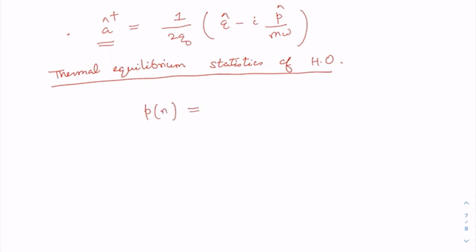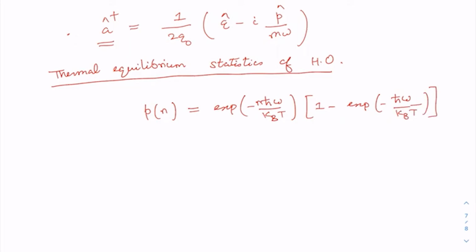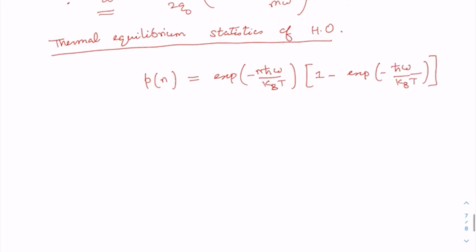The occupation probability of an energy level in a harmonic oscillator is given by this expression: e to the power minus n h cross omega by kBT, times 1 minus exponential minus h cross omega by kBT. I hope you have learned this expression in your statistical physics course.